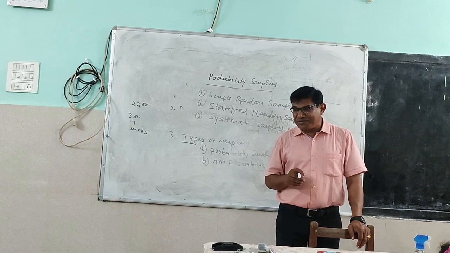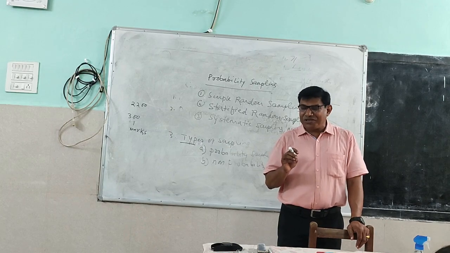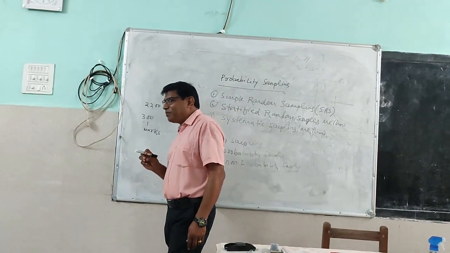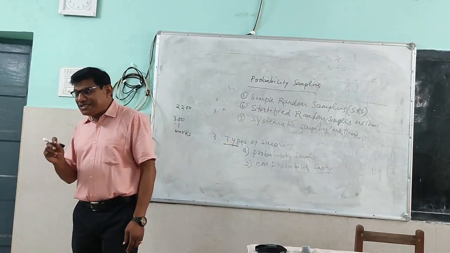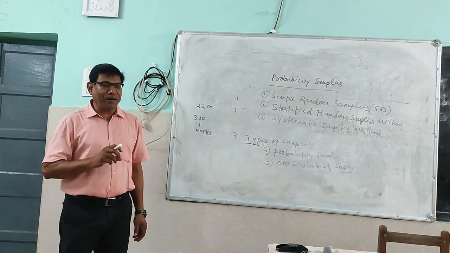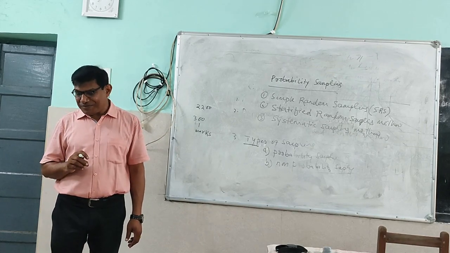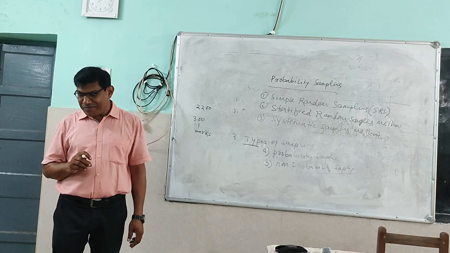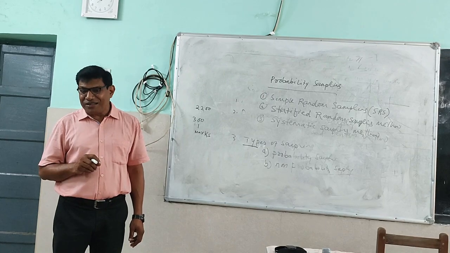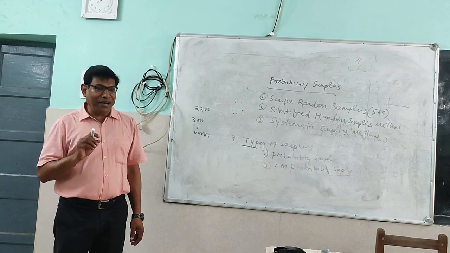Every unit of the population has the same probability of being selected in the sample. So this is called the simple random sampling method.